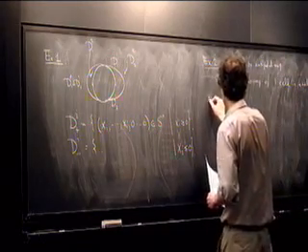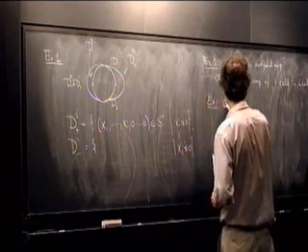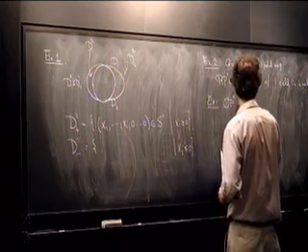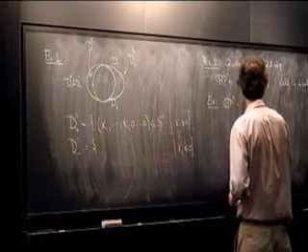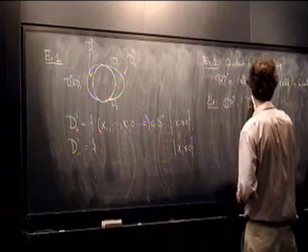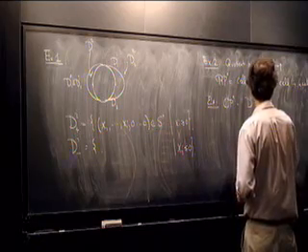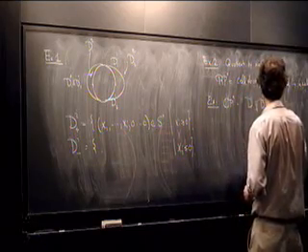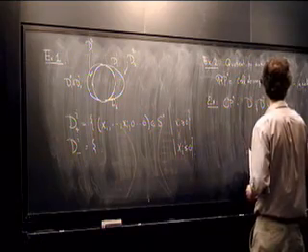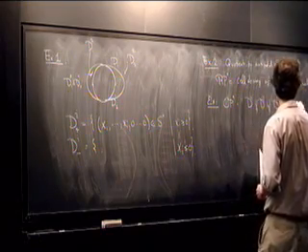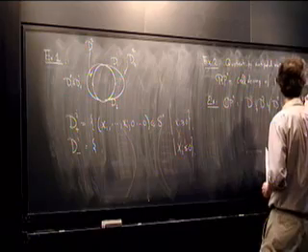Similarly, I'll leave it as an exercise to show that CP^n has a cell decomposition. So it's a cell decomposition with one 0-cell, one 2-cell, one 4-cell, up to a 2n-dimensional cell.